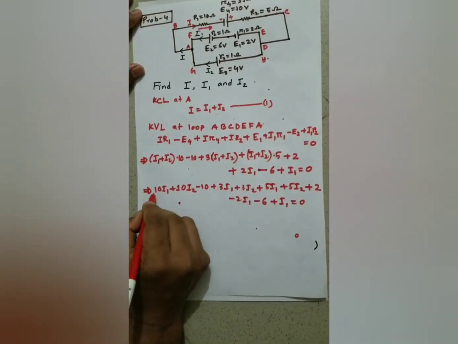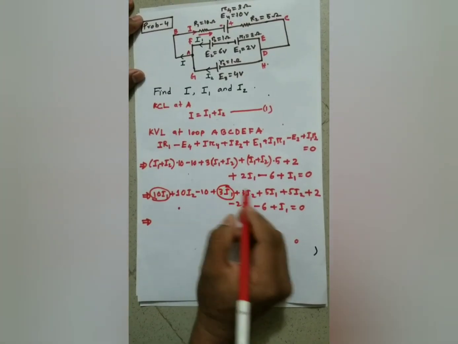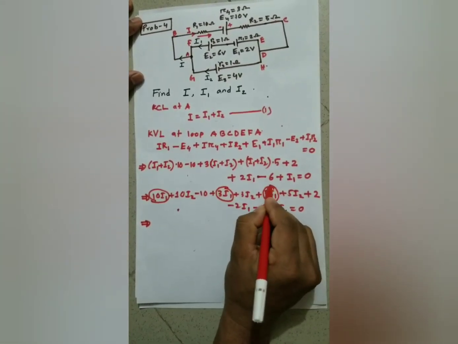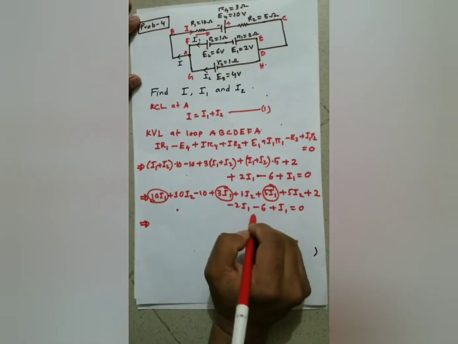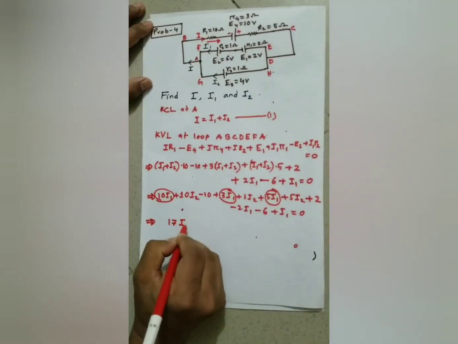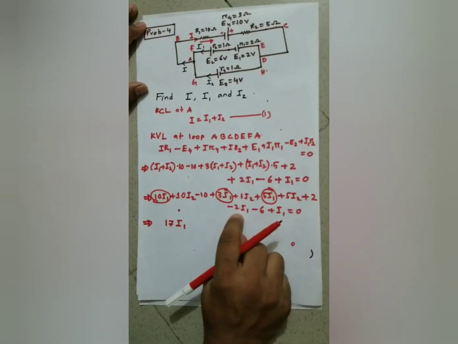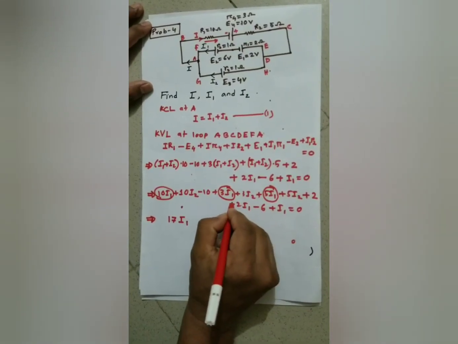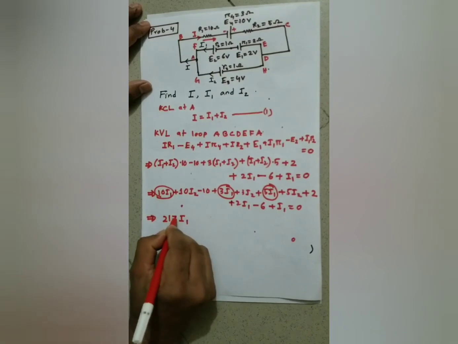That is 10I1 plus 3I1 is 13, 18, 19 minus 2, that means 17 I1. Sorry, this is plus 2I1, that means 21 I1.